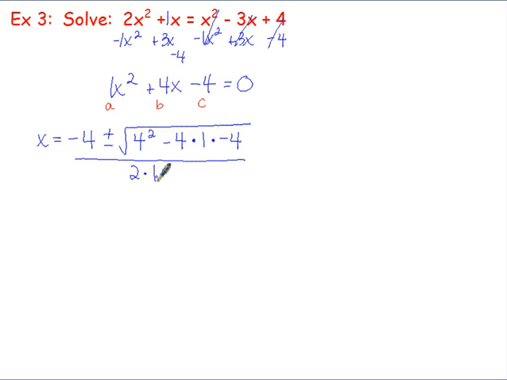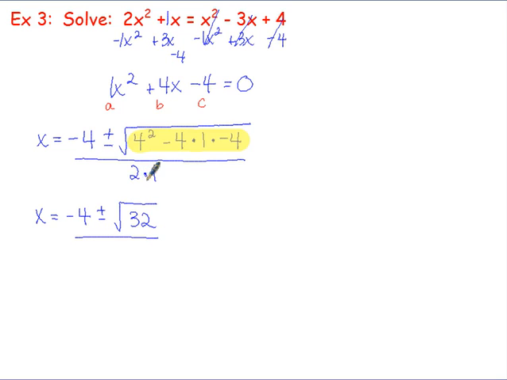We're ready to simplify. Keep the negative 4, keep the plus or minus, keep the square root. Type this part in your calculator. 4 squared minus 4 times 1 times negative 4 gives you 32.